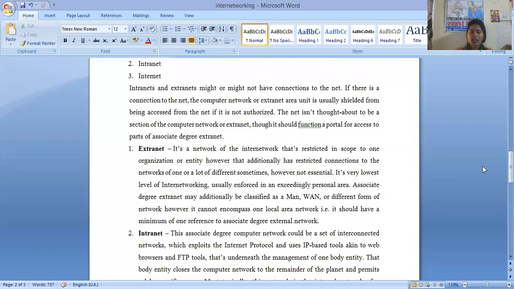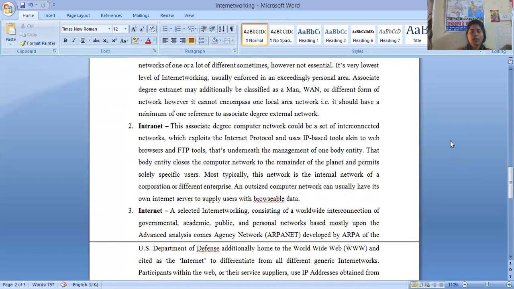It is the lowest level of internetworking, usually enforced in extending the personal area network. An extranet may additionally be classified as a MAN or WAN or other form of network. However, it cannot encompass one local area network. It should also have a minimum of one connection to an external network.